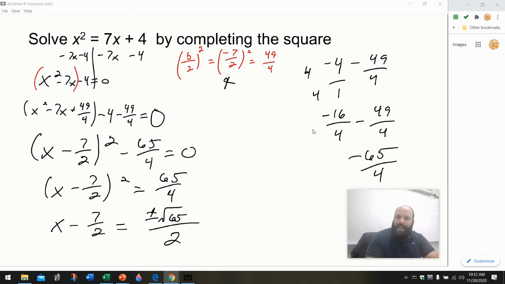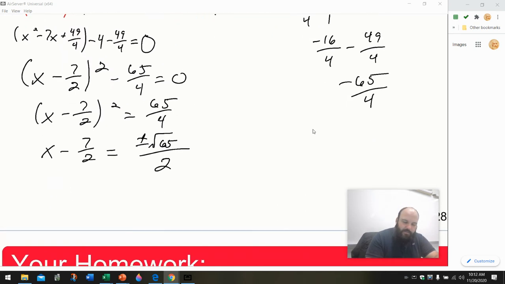And lastly, I'm going to add 7 halves to both sides. And because the denominators are the same, we can combine the fractions into 1. That's typically how I'll do it, but I won't mark it wrong if you did it like in the last problem and you left them as 2 separate fractions. That's okay too.